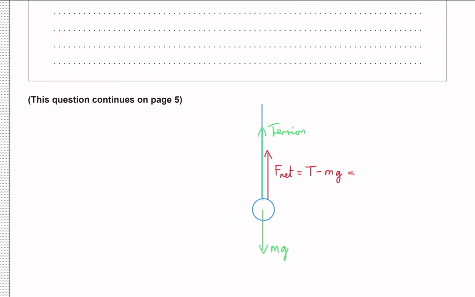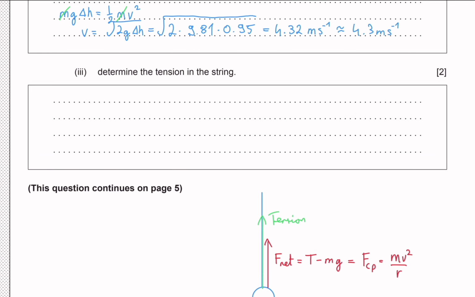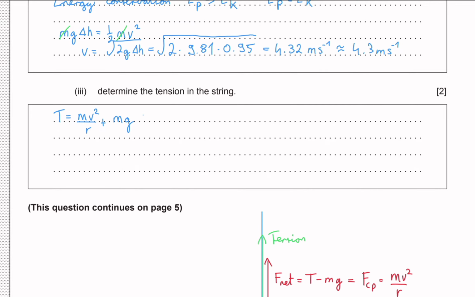So this is F centripetal, or mv squared over r. And what we had to find was the tension. Rearranging this for the tension gives us that the tension is mv squared over r plus the weight. And then all we have to do is plug in.